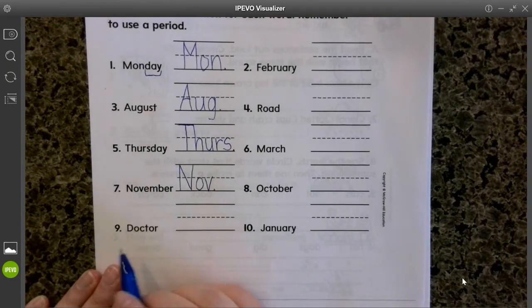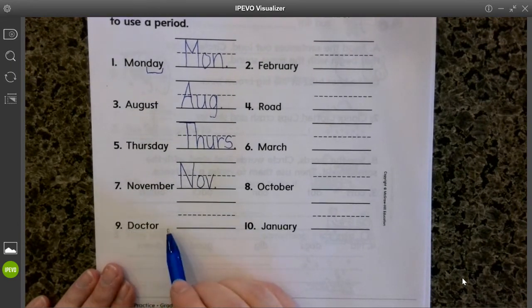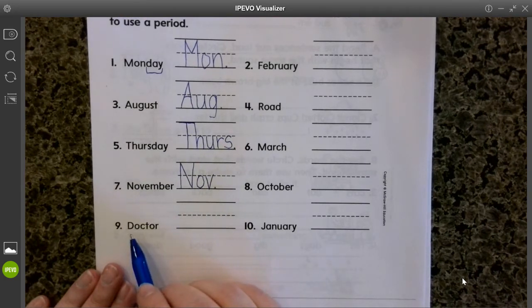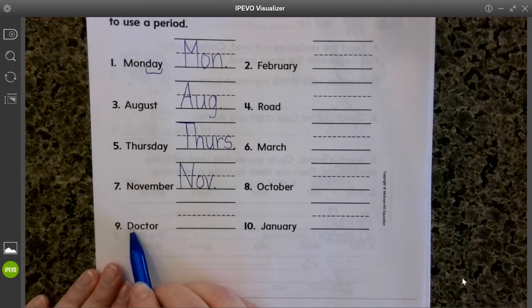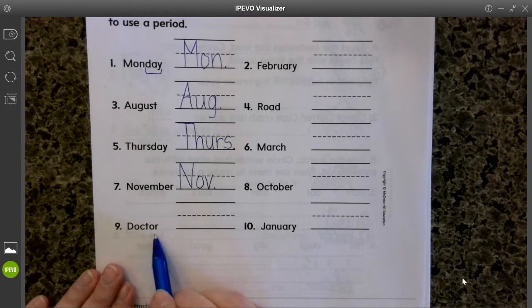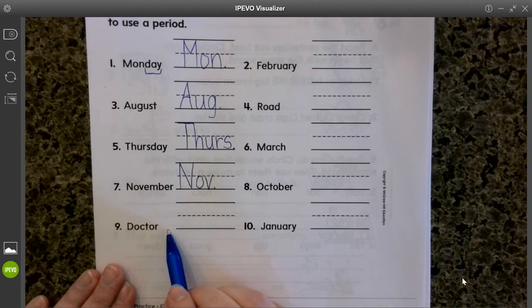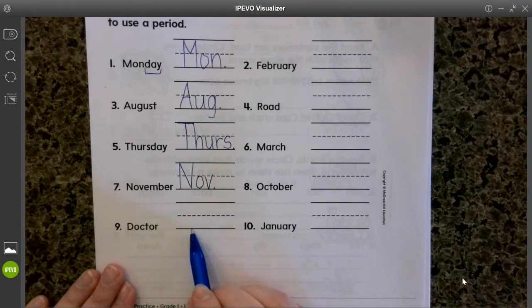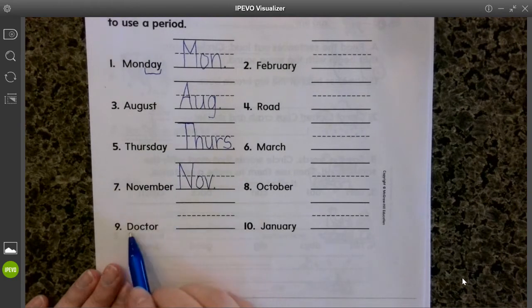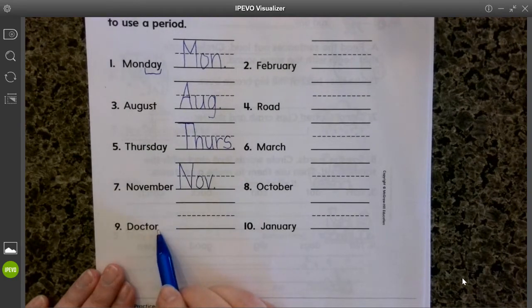Okay, this is one of the other examples of a word that sometimes gets abbreviated. Notice, again, we have a capital here. What does a capital tell us? It's a proper noun. It's a name. And in this case, the word doctor might be going before a name of some sort, like Dr. Seuss. When we talk about Dr. Seuss, we don't typically see doctor spelled out. We see it abbreviated.